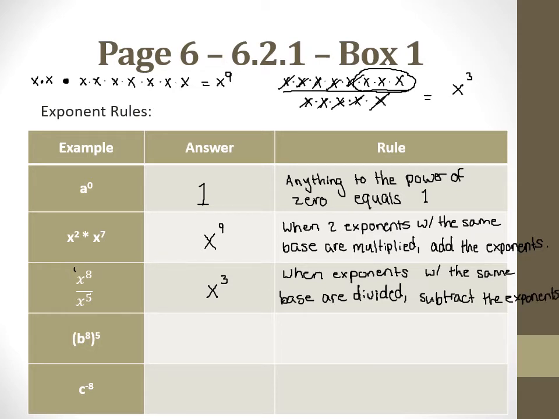Next rule is when we have a power of a power. So b to the 8th to the 5th. So b to the 8th times itself 5 times. When that happens, you can multiply the two exponents together. So 8 times 5 is 40. That would become b to the 40th.